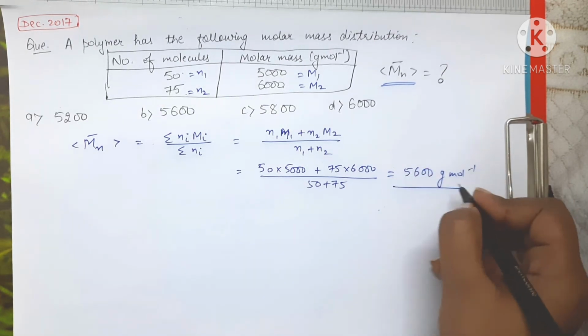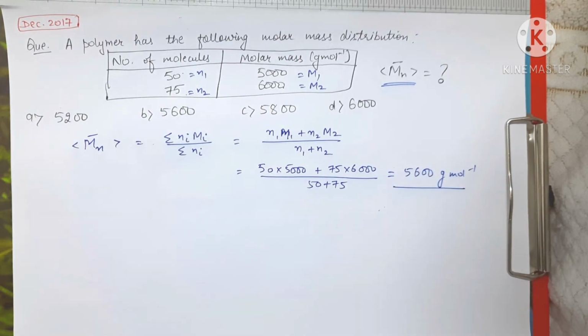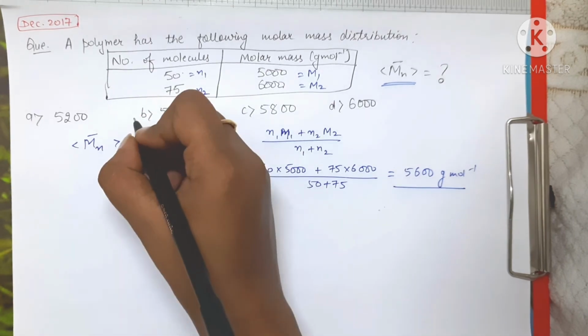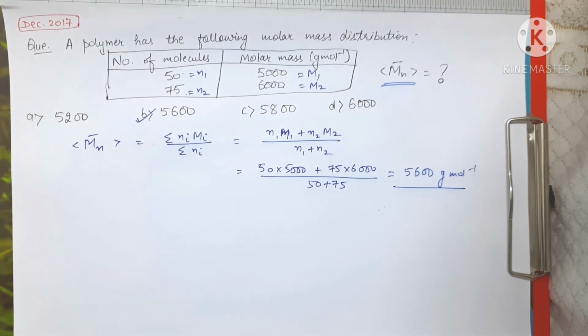After solving, you will get 5600 gram per mole as the answer. So option B is the correct option. With this, we'll move on to the next question, the next and last question of this video.